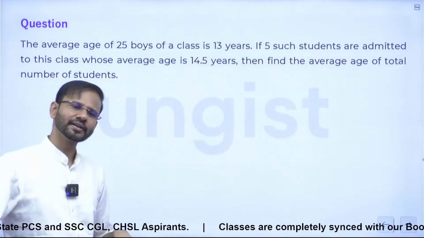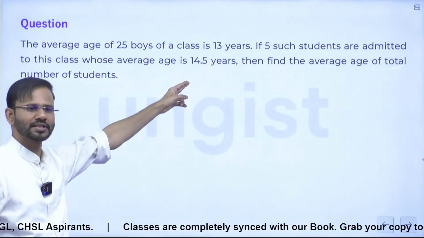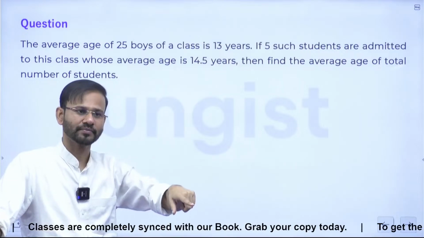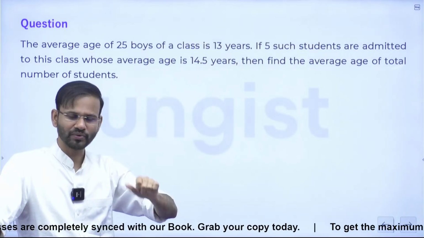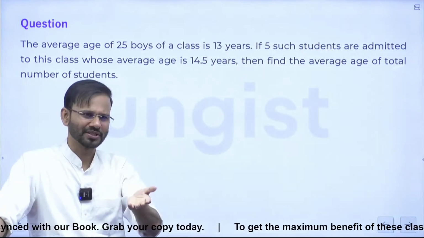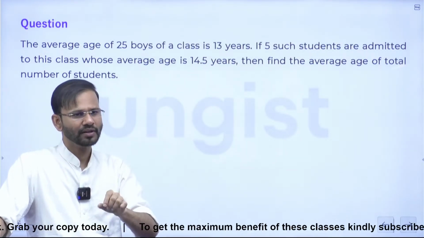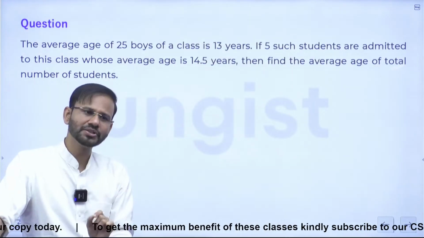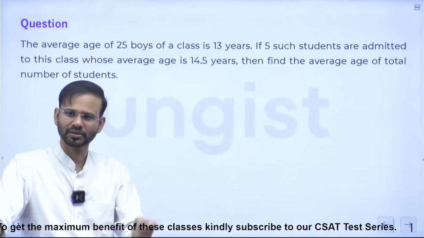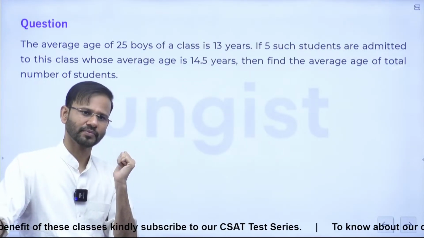This time the individual's age is not given. In that question the individual's marks were given. Did you remember that? One student was coming as 70%, another was coming as 42%, something, right? Do you remember that question? So here, the individual age is not given. The average age of the entire 5 students is given, right?